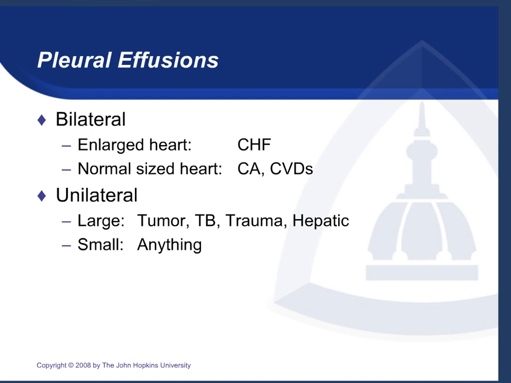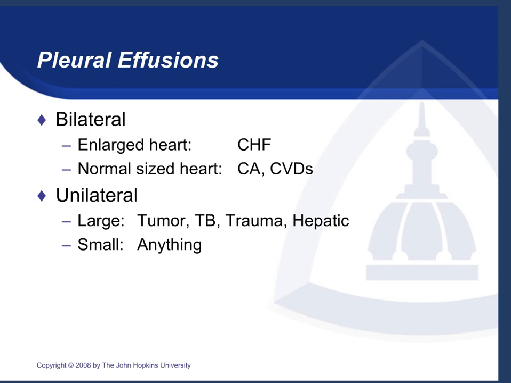Moving on to pleural effusions, okay? Some key points here are, if you have a bilateral effusion and a big heart, the diagnosis likely is congestive heart failure, okay? If you have a normal-sized heart, bilateral effusion, think of cancer or connective tissue diseases, okay?